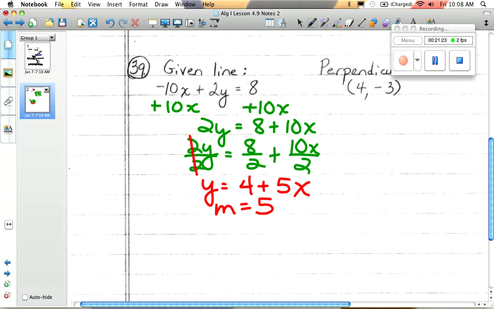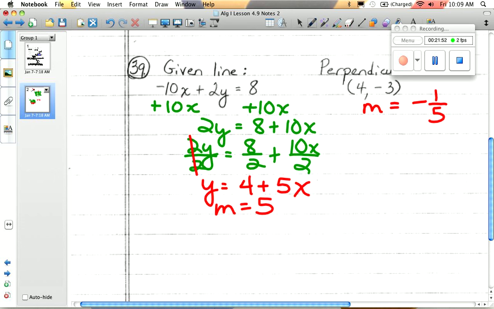Now we need to go up and say, what's the slope of our perpendicular line going to be? Okay, here's where you're going to make your mistake. Not -5, not the opposite. -1/5. You have to ask yourself, what is the reciprocal of 5? It's 1/5. What is the opposite of 1/5? It is -1/5. That's the most important step in this whole thing today.